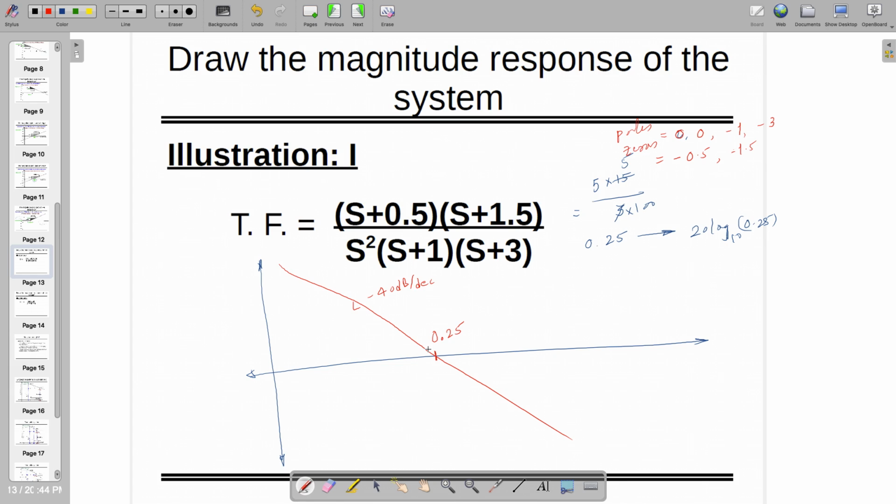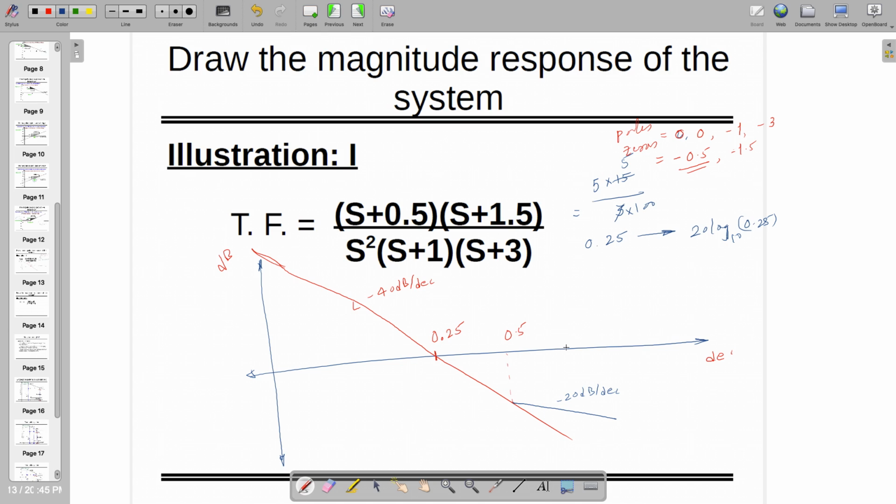But this is for the 2 poles at the origin. For the next frequency, 0.5, it's going to add plus 20 dB per decade, and effectively it's a minus 20 dB per decade contribution.